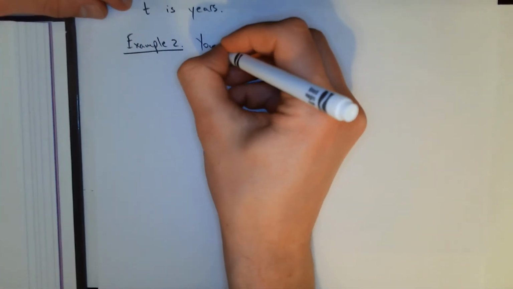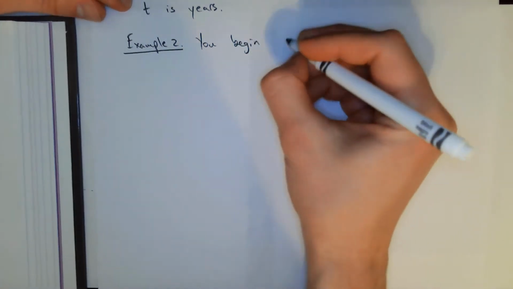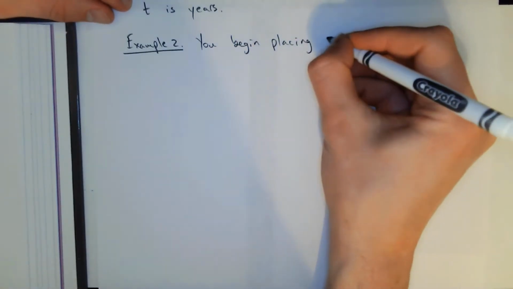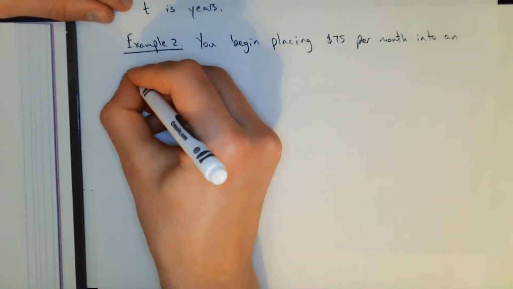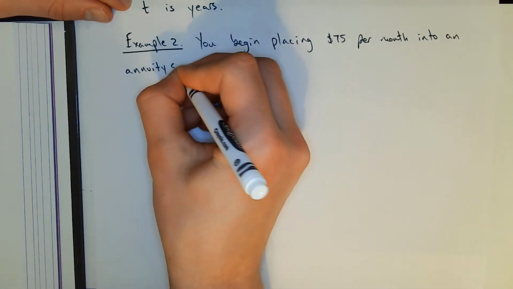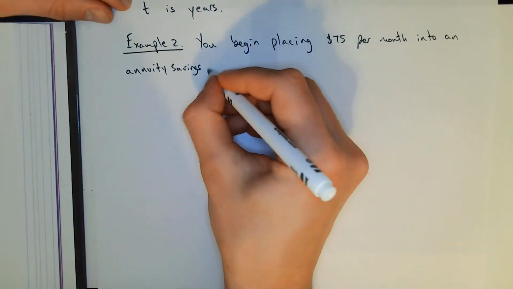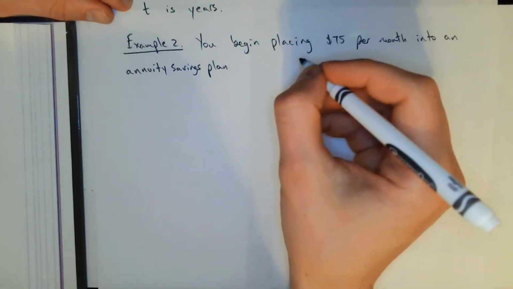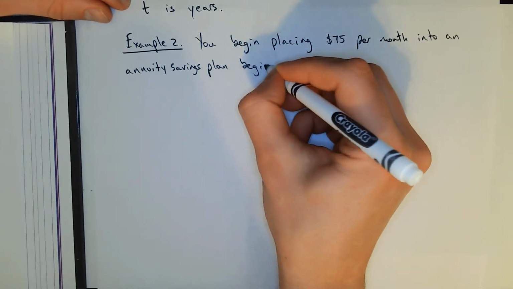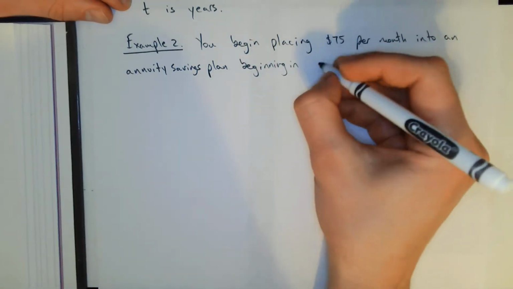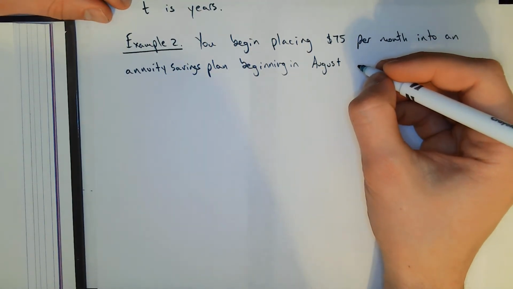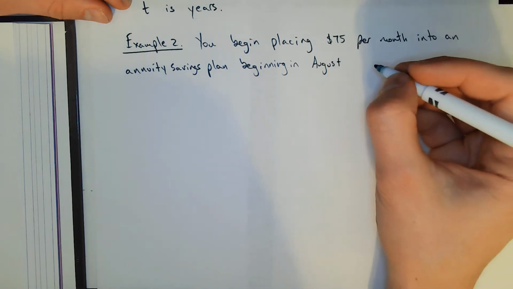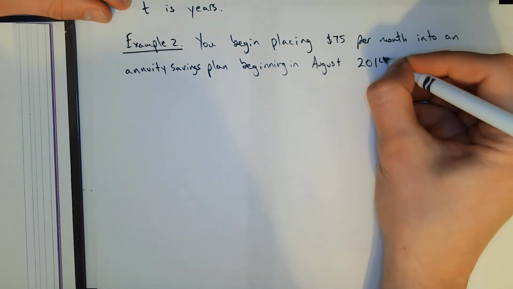Okay, so let's say you begin placing $75 per month into an annuity savings plan beginning in August 2014.